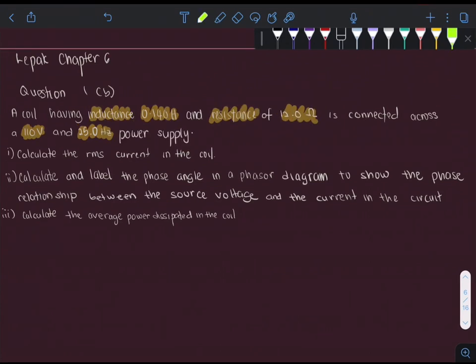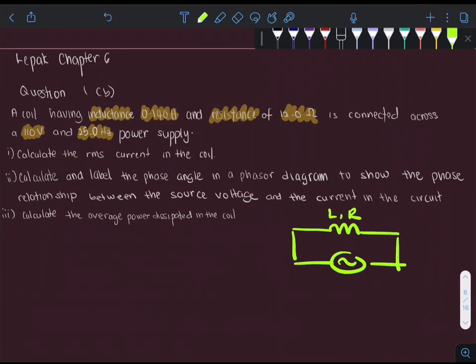So basically our circuit has a coil, which has inductance and also resistance inside it. Let's say this is the coil connected across an AC supply. This coil now has both resistance and inductance in it.